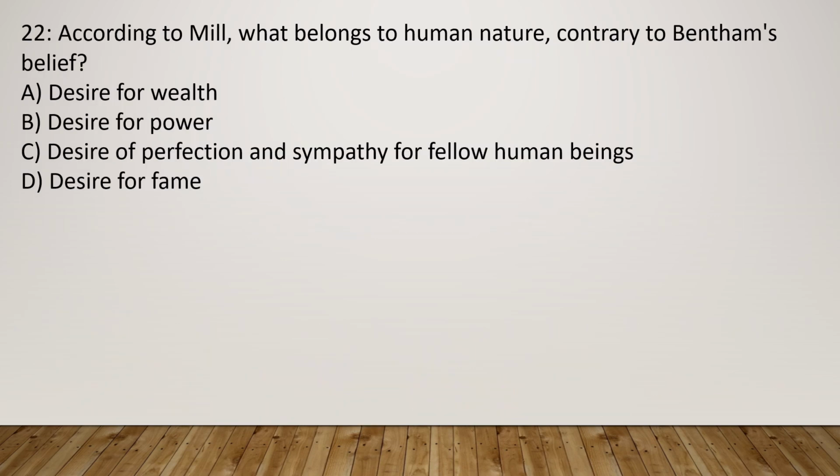According to Mill, what belongs to human nature? Contrary to Bentham's belief. About this, we have already discussed. So, what is the correct option for this question? The correct option is desire of perfection and sympathy for fellow human beings.